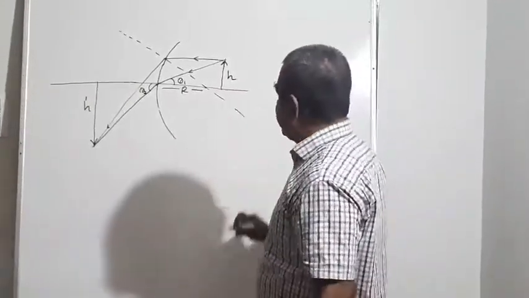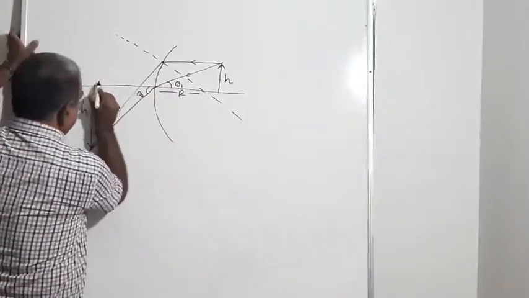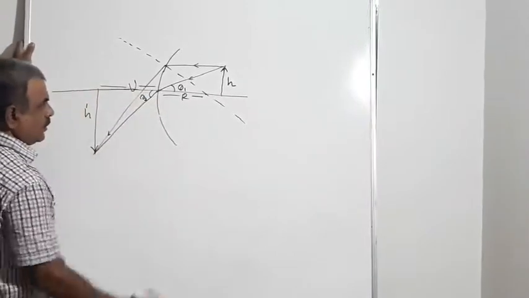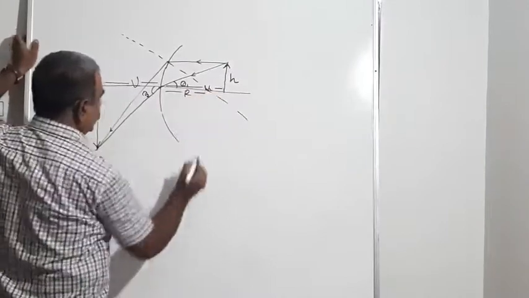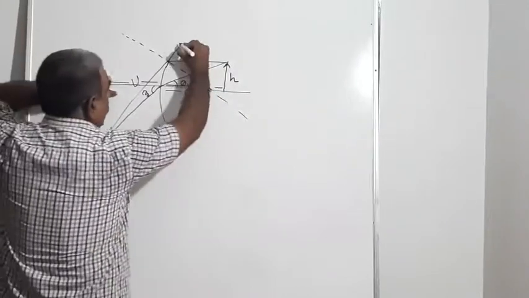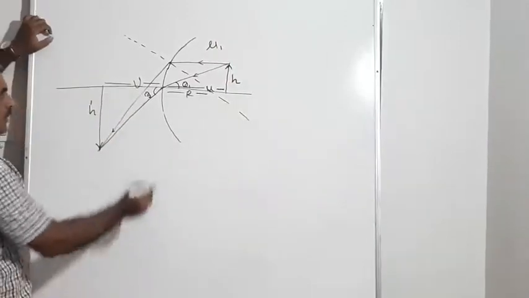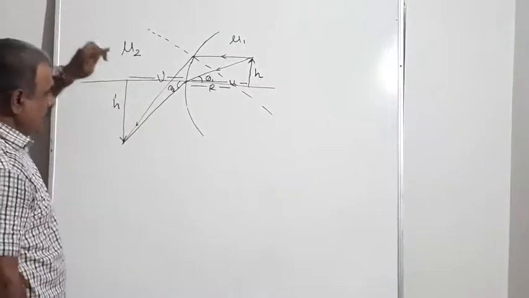So see this. First of all, here in this figure, the image is at distance v and the object is at distance u. On this side, medium having refractive index mu1. On this side, medium having refractive index mu2.